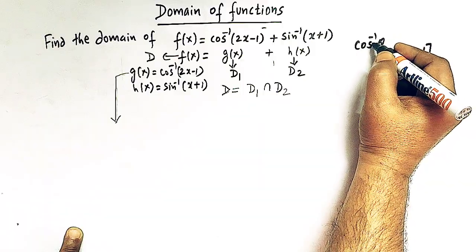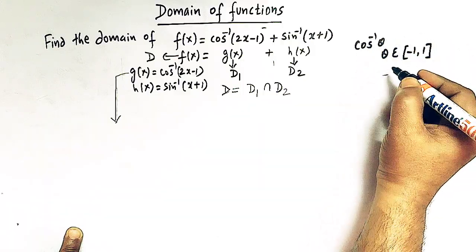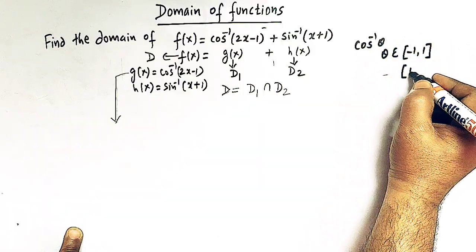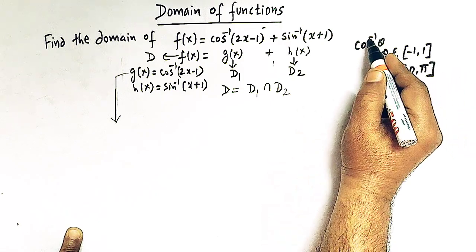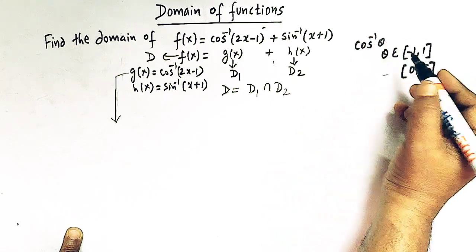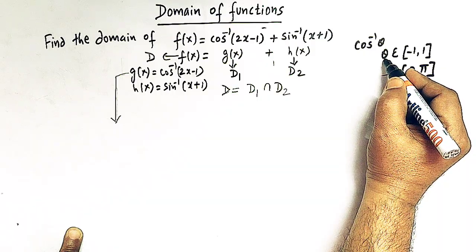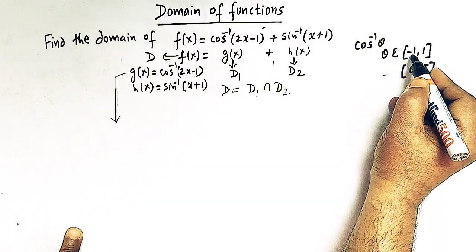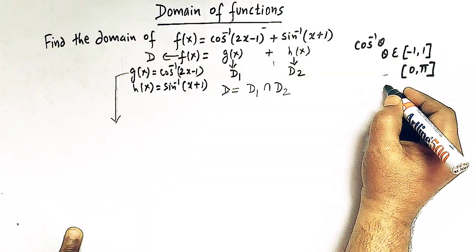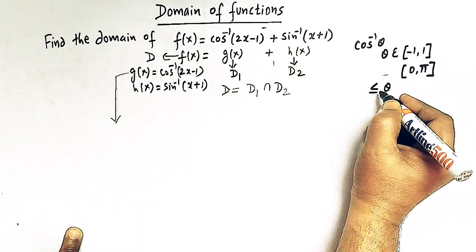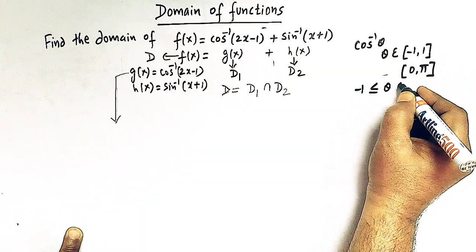And the range of cos inverse theta is given by the interval 0 to pi. So cos inverse theta is defined for all values of theta lying between minus 1 and 1, including minus 1 and 1. So we can also write theta is greater than or equal to minus 1 but less than or equal to 1.